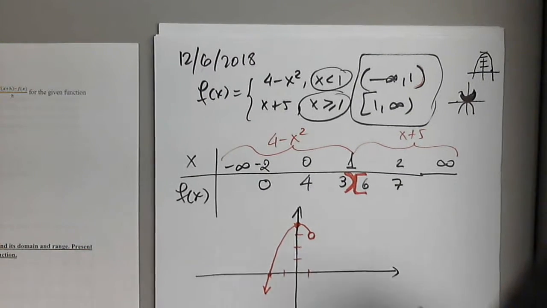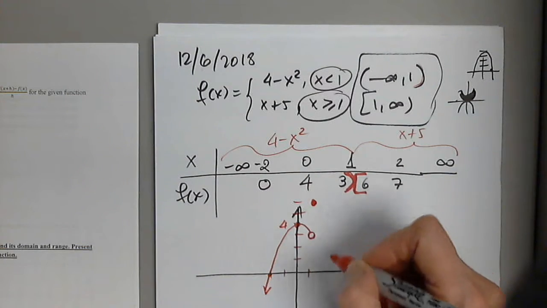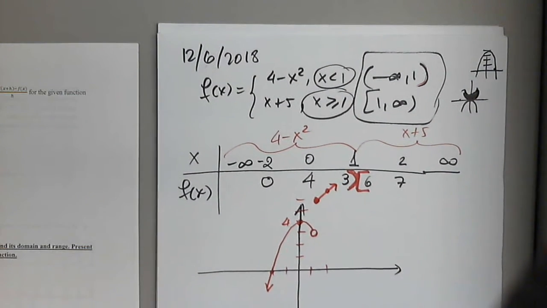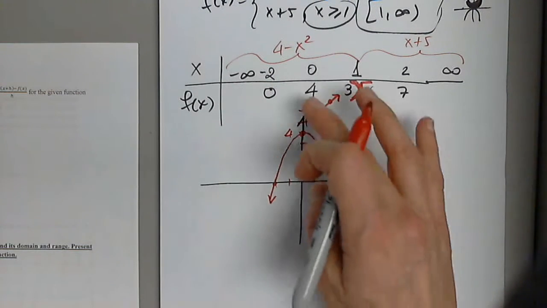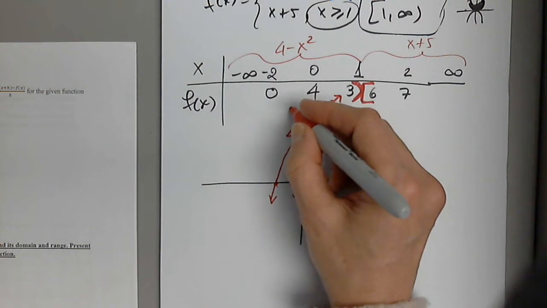And then 1, 6. So this is 4, 5, 6. And then 2, 7. Sorry for the lack of space. So now this is our piecewise defined function.